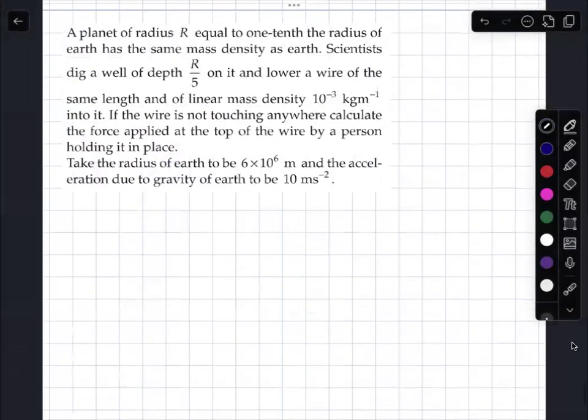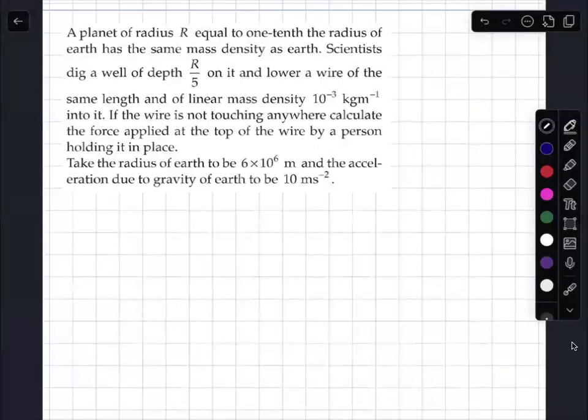Now try this. A planet of radius r equal to 1/10 the radius of the earth has the same mass density as earth. Scientists dig a well of depth r by 2 on it and lower a wire of the same length and of linear mass density 10 power minus 3 kg per meter into it.